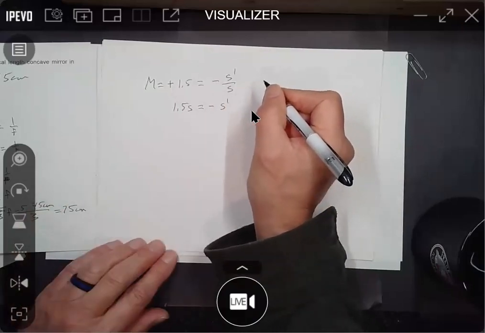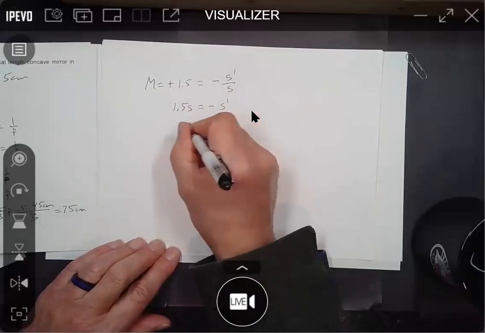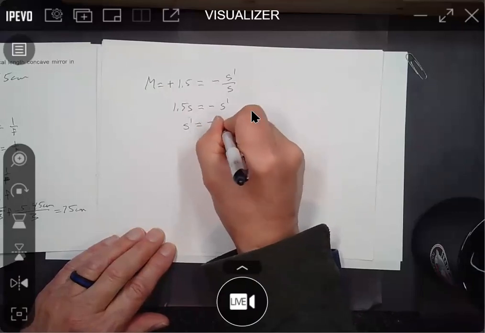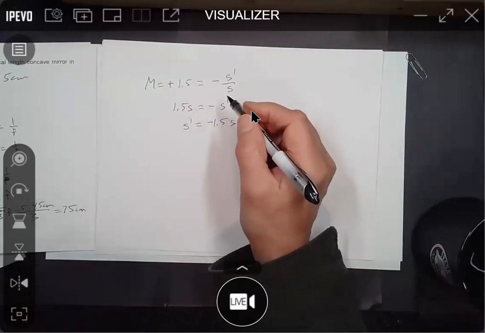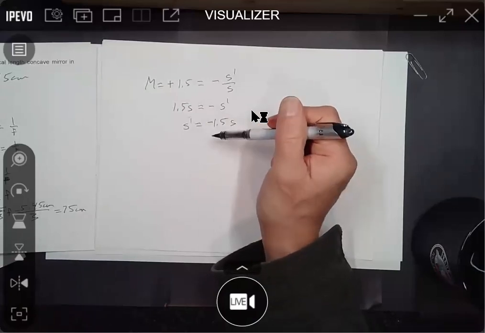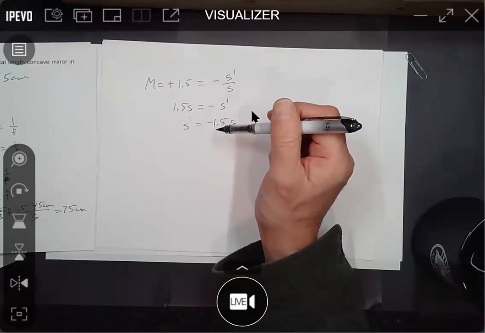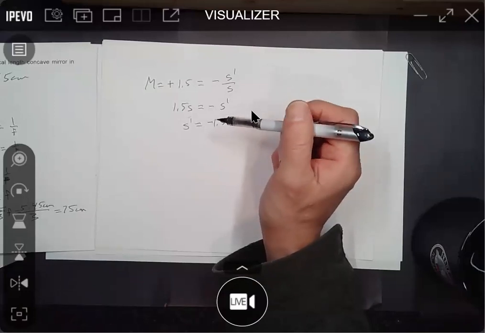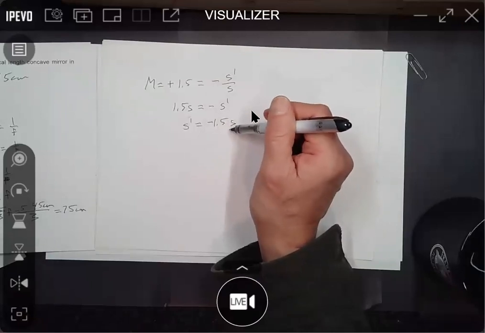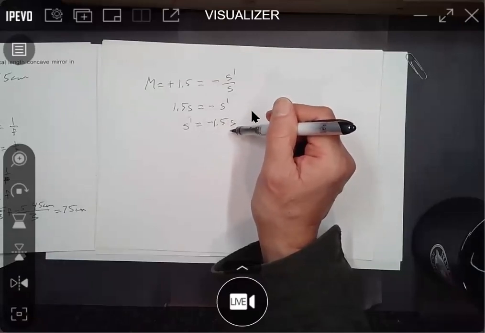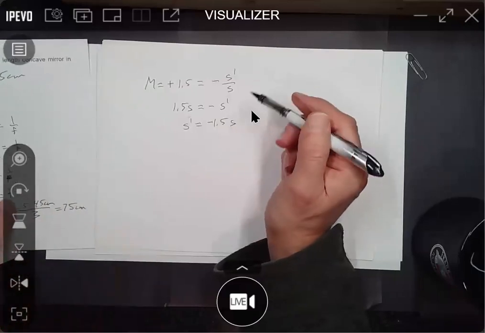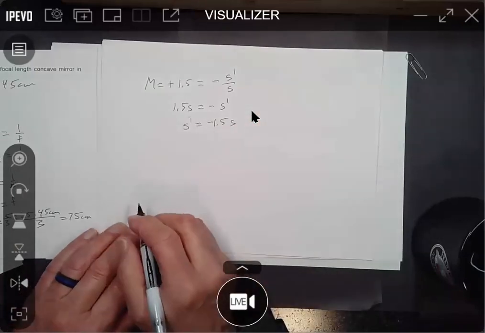It's the object distance I'm going to want, so I'm going to solve s prime is equal to minus 1.5 s. Now, for the problems we're doing here, if you've only got one surface like this concave mirror, we can't have a negative value of s. Don't worry, those will be coming, but not today.